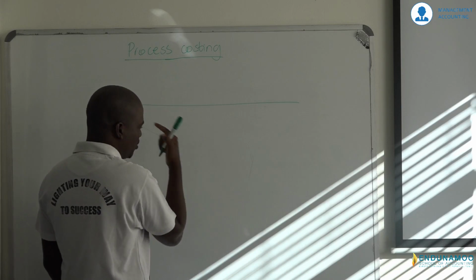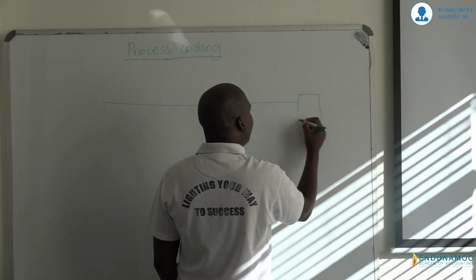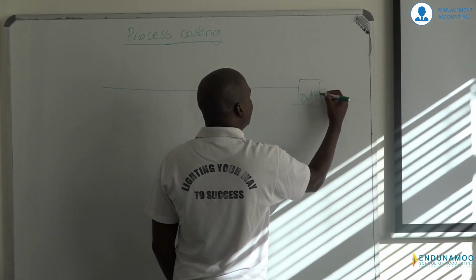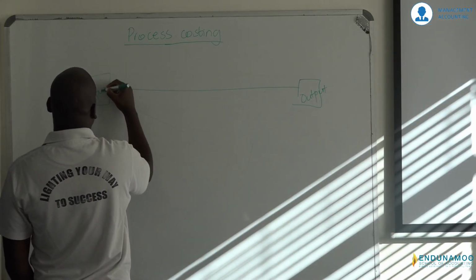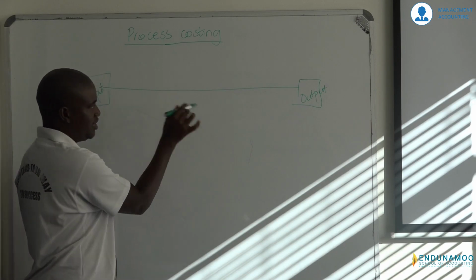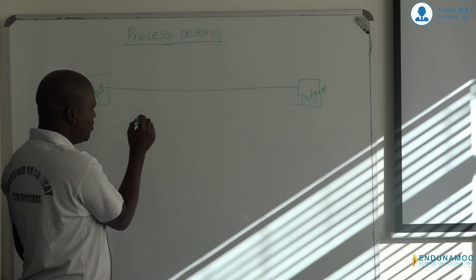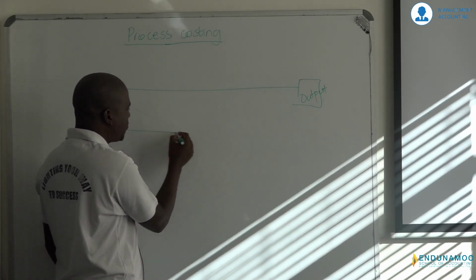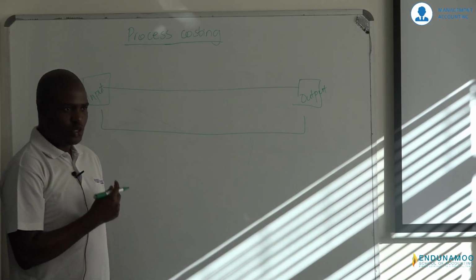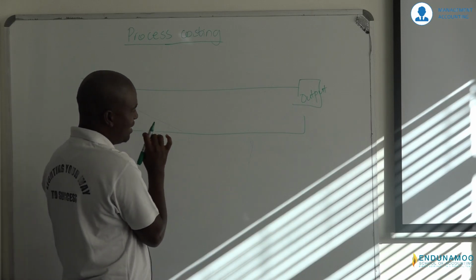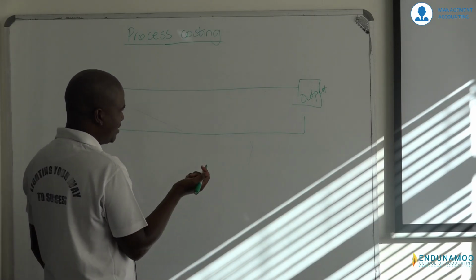The process itself has got output and it's got input. When we say process costing, we are saying that it's going through this process and this is what we are trying to cost. So now let's consider a couple of scenarios to make sense of this.